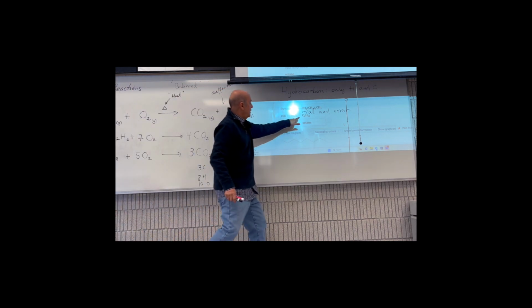So if I put here octane, just the word, it's going to show me, I hope, the formula for octane. Right there. Can you see it, John? C8H18. So C8H18. You don't need to memorize them.